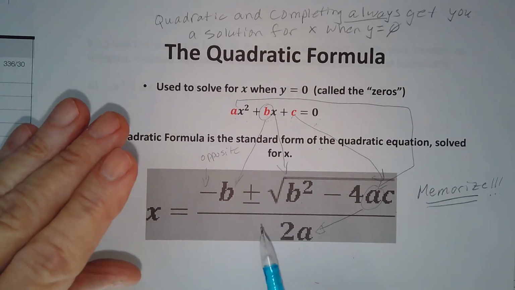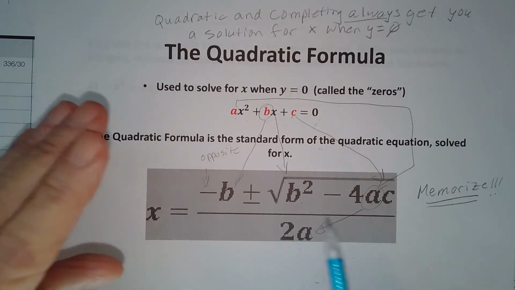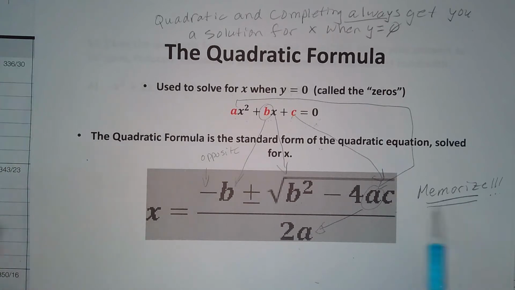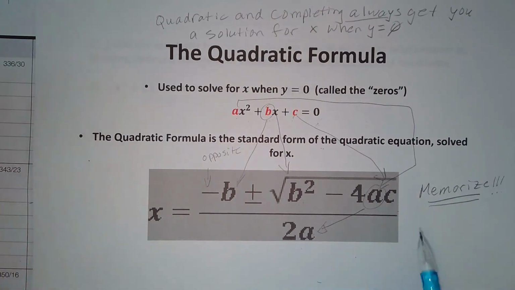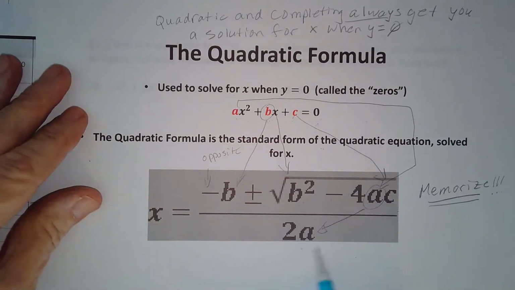So opposite of b plus or minus b squared minus 4ac all divided by 2a. That's it. So get yourself into a jingle if that helps you to remember it. That wasn't very good singing on my part, but that's the idea. Try to find a way to remember this.